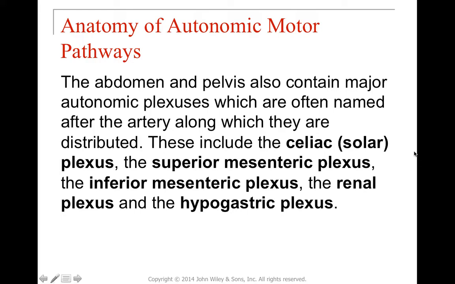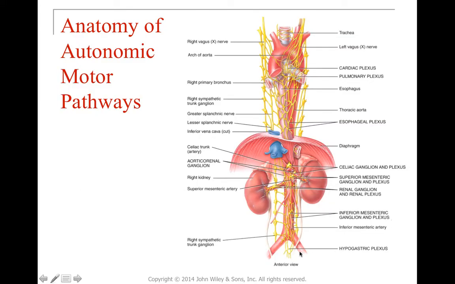So the celiac plexus is going to serve the stomach. The superior mesenteric serves the upper part of the digestive system. Inferior serves the lower part of the digestive system. Renal plexus obviously serves the kidneys, and hypogastric is going to serve, we'll show you in a second, some of the rest of down here, the lower part of the organs.